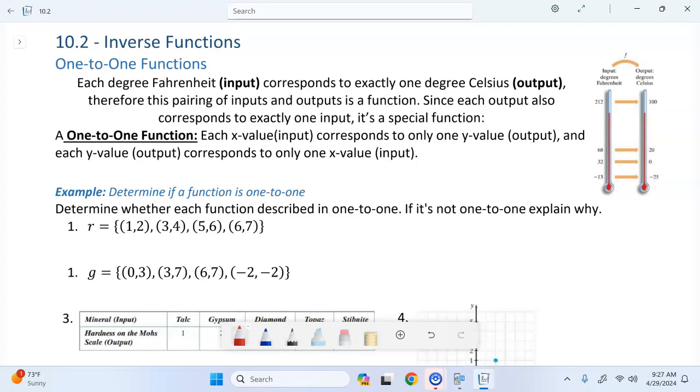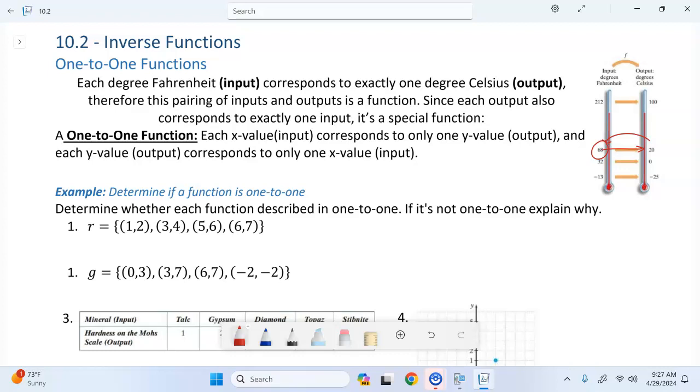And the way that relationship works is if I take a temperature in Fahrenheit and I convert it to Celsius, I say, okay, 68 degrees Fahrenheit equals 20 degrees Celsius. I can also work backwards and say, well, if I have 20 degrees Celsius, what degree Fahrenheit is it? And it always points back to the same value.